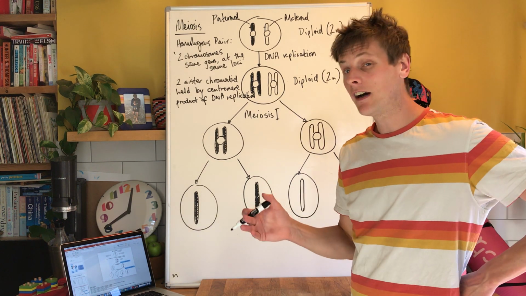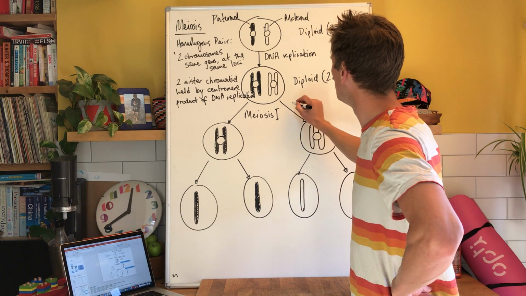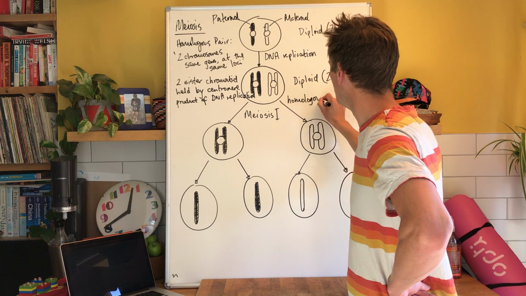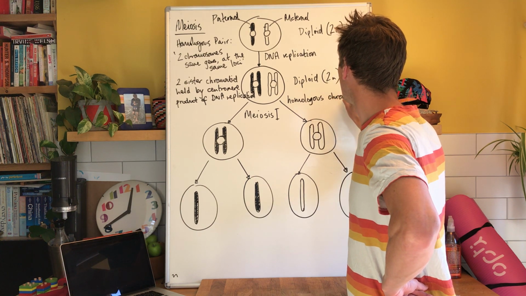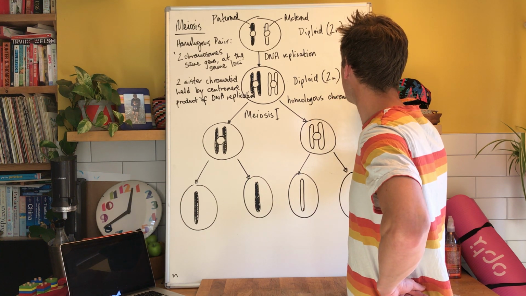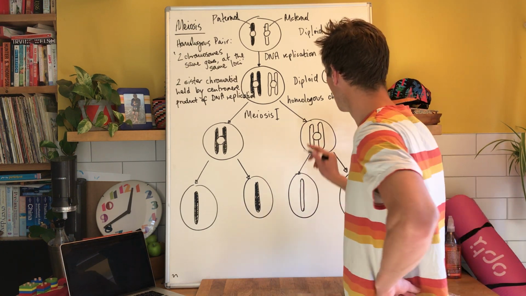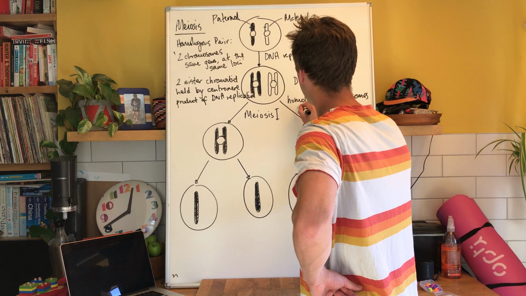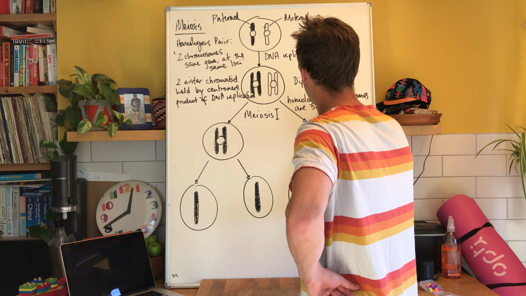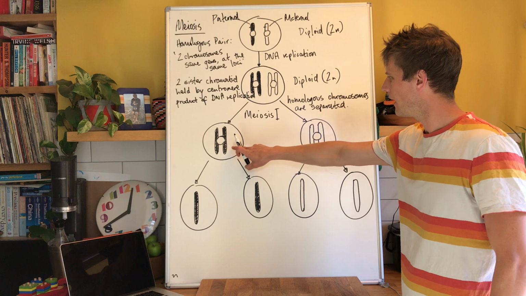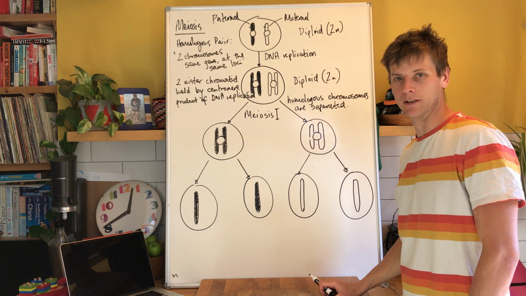That's the key event that takes place during meiosis 1. The members of the homologous chromosomes are separated into two daughter cells.